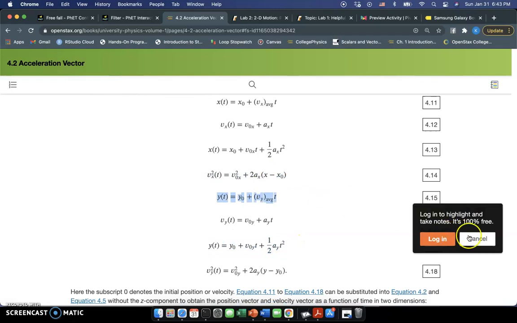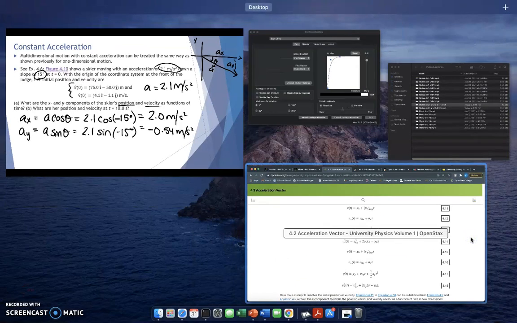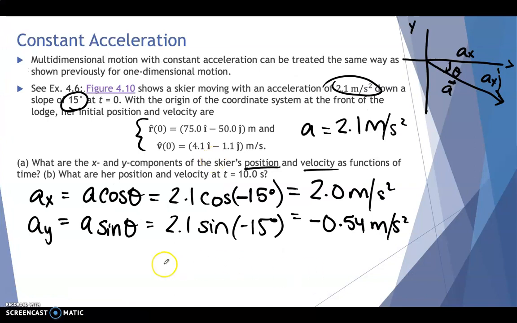Okay, so let me go back here and squeeze some of it in. So let's first do our v sub x. From our textbook, it will be equal to v naught x plus a sub x times t. So this is how we describe our motion.